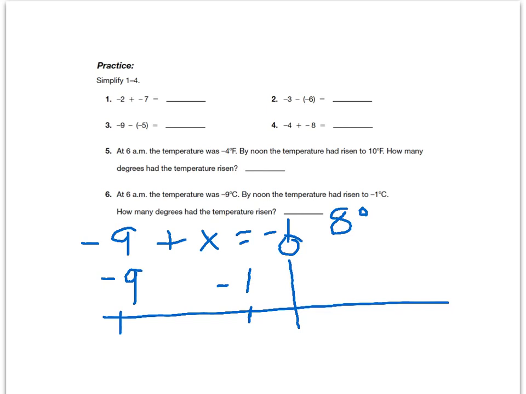So although that's in algebra, they would teach you a different way to do this. What you can do on a number line is just say, how many spaces am I going up to get to -1? And that's how you would get your 8 degrees. So other than going into an entire algebra lesson, which I'm not thinking is the intent of this particular lesson, you can use your number line to see how that would be 8 degrees.